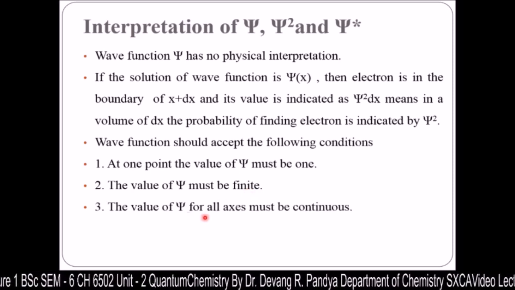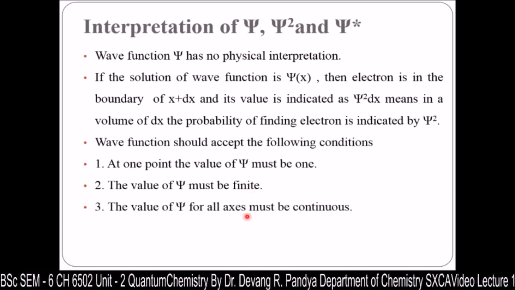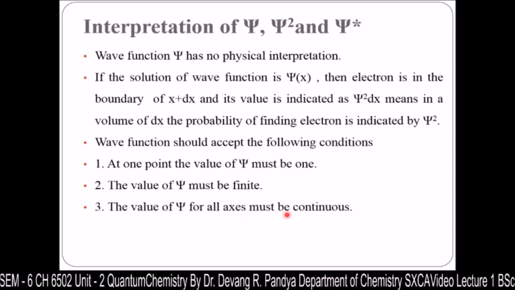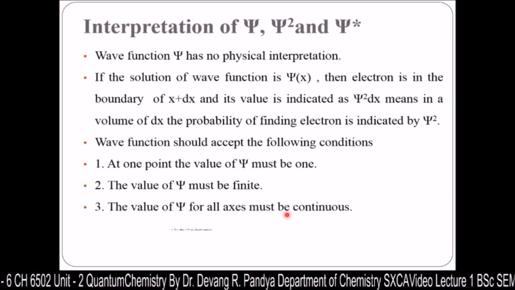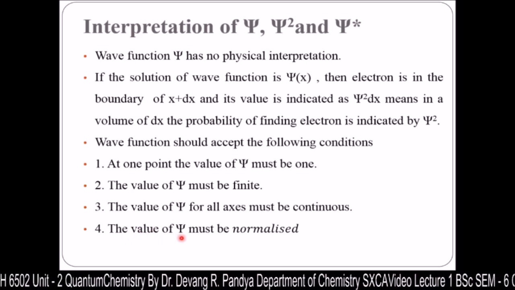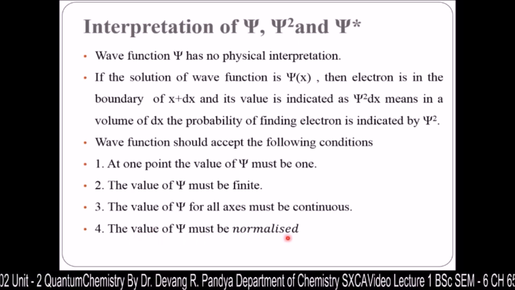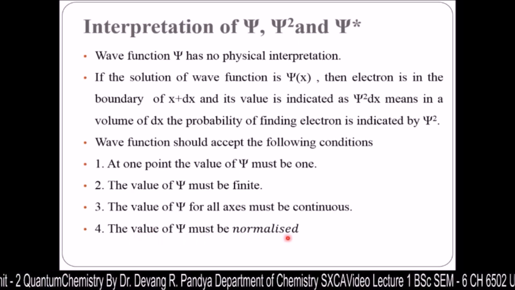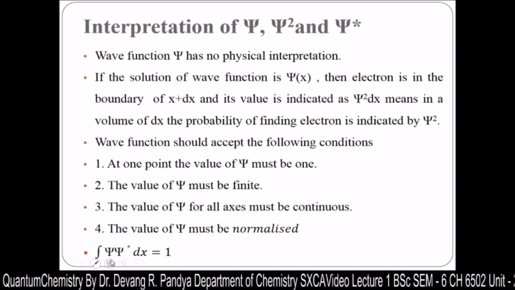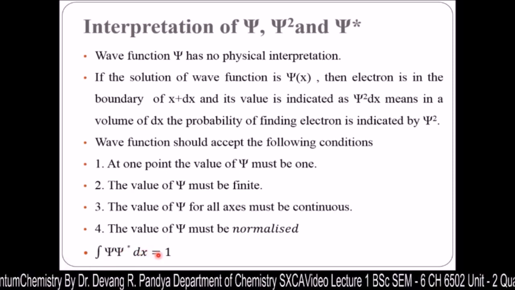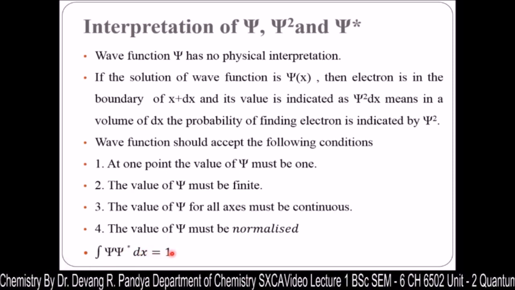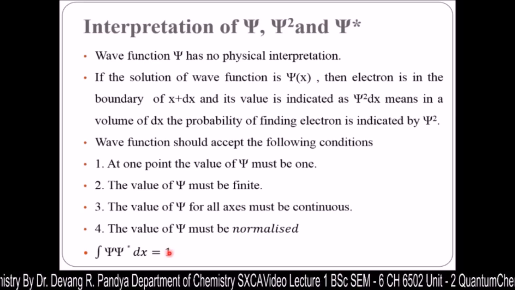The value of psi for all x must be continuous, it must change continuously. And the value of psi must be normalized. Normalized means the integration of psi star psi dx or d tau should be 100%, that is expressed as 1.